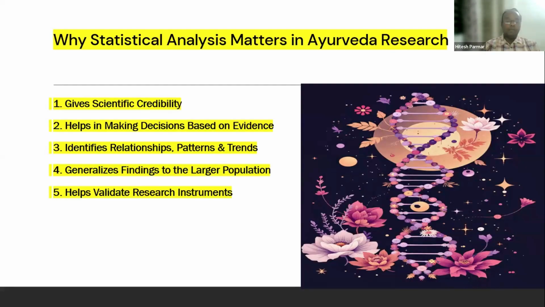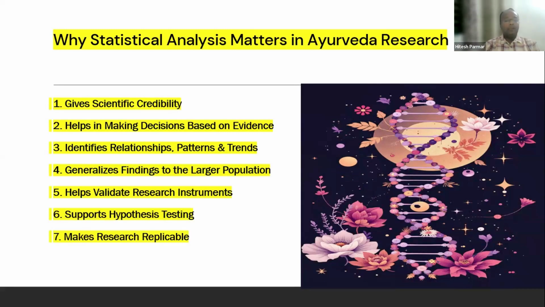Through reliability analysis and different types of validity, we validate the research instrument. So statistics will help in validating the research instrument also. And it also supports hypothesis testing, and makes research replicable, because replicability is a desirable characteristic behind any research. Whenever we are conducting research, we want that our research must be replicable.